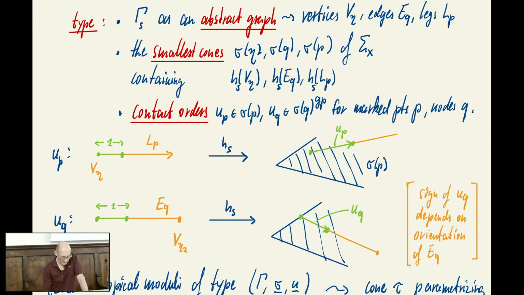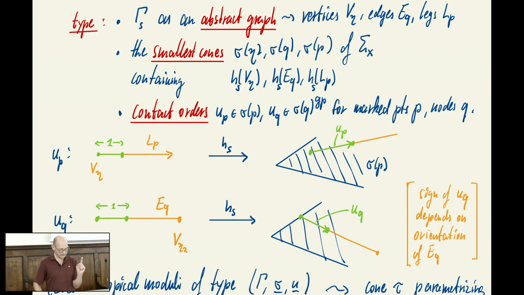We will have a contact order for each leg and for each edge. So these are given by mark points P and nodes Q. So what is the contact order of a mark point? At a mark point in your curve, let's say we base change to a standard log point, doesn't matter.